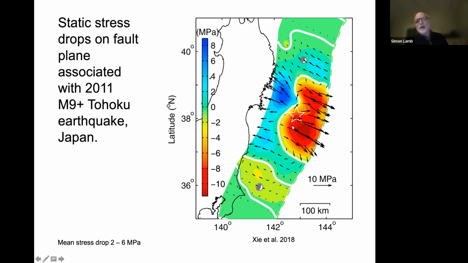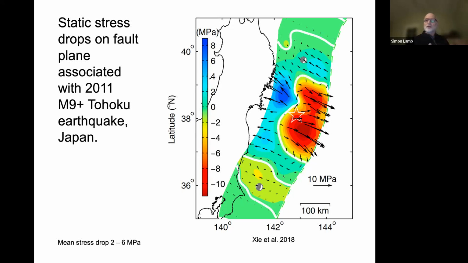And in this region here, the actual stress changes that took place, and this is probably one of the largest earthquakes instrumentally recorded, is still only of the order... Unfortunately, they've got a different color scheme to the previous slide. So hot colors are now stress drops, where cold colors were in the previous one. But again, the average stress drop is only a few megapascals.